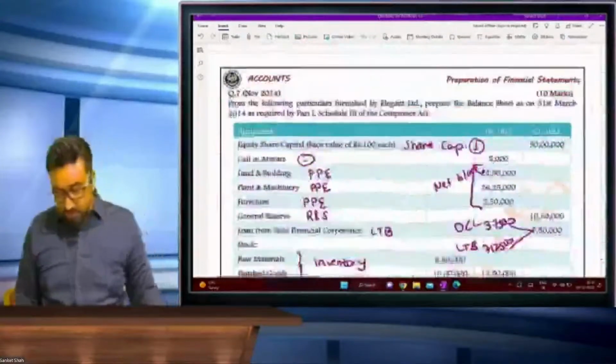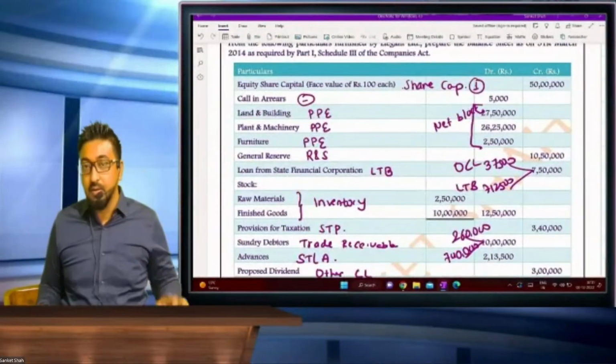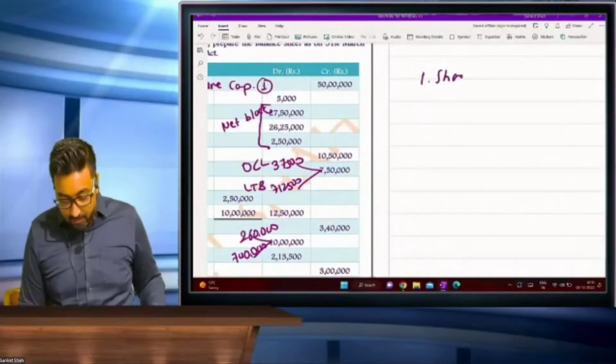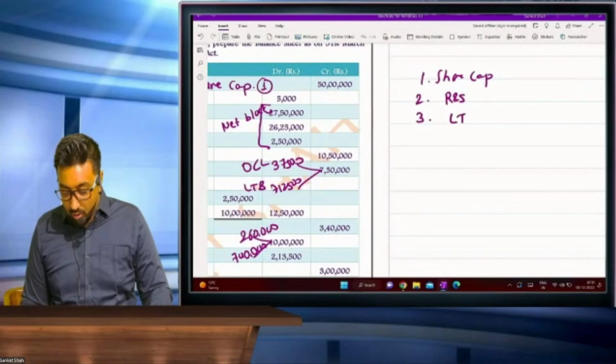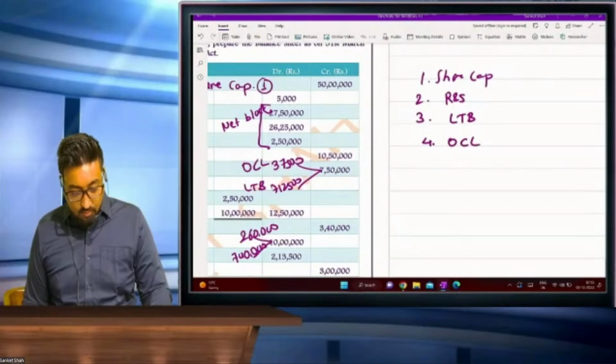But a very simple question. You have to put, see, number one, share capital. Number two, reserves and surplus. Number three, long-term borrowings. Number four, sorry, short-term provisions.